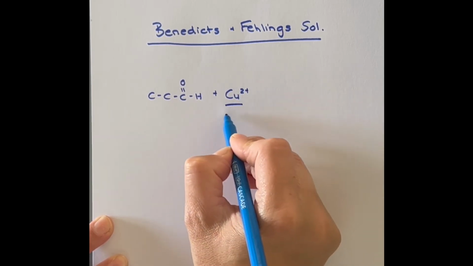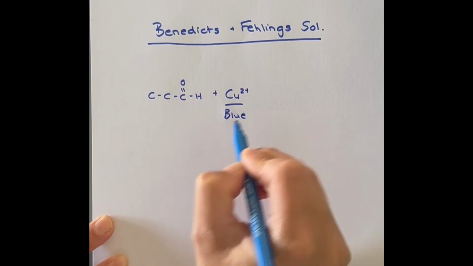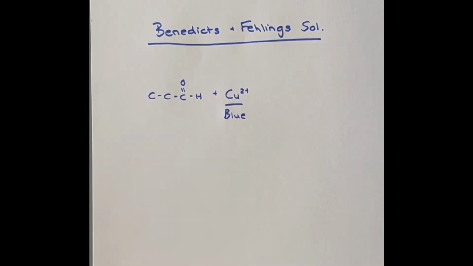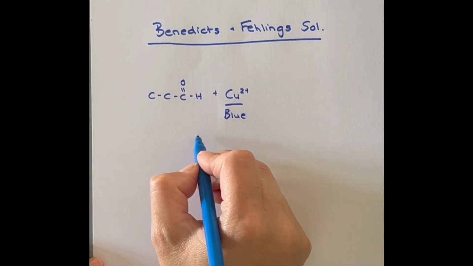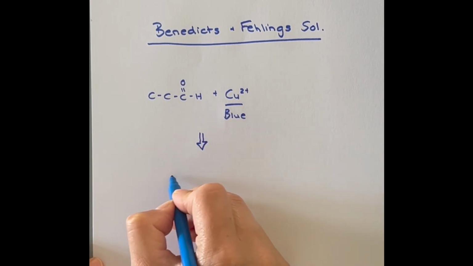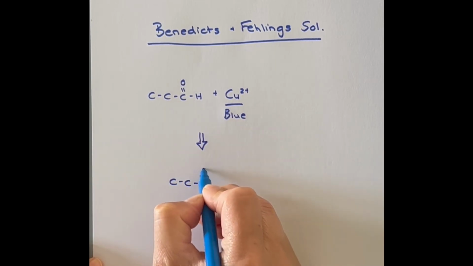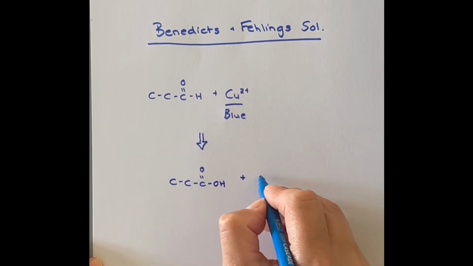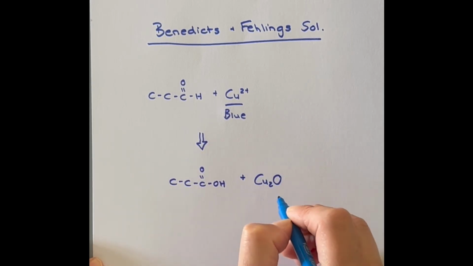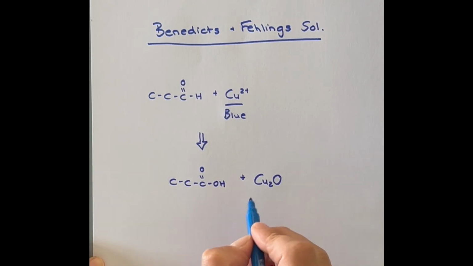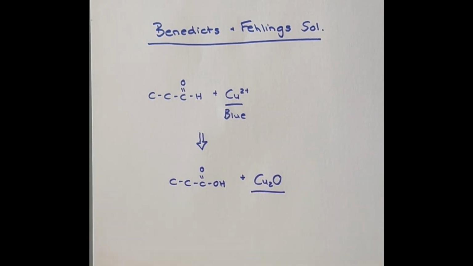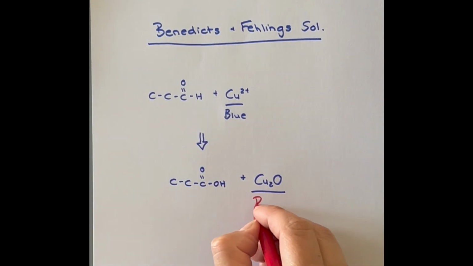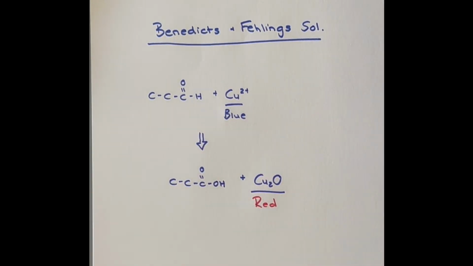And we all know that copper ions are blue to start with, and when that gets oxidized, the aldehyde will become a carboxylic acid, and then what we have left is copper oxide. And this copper oxide turns from a blue colour in solution to a brick red, orangey, dirty red colour.